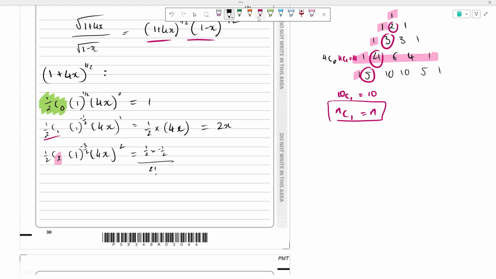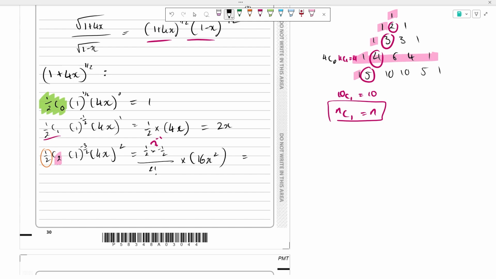How do we get the 2 terms? We're just going to subtract 1 from our original number. Okay, times 1 to the minus 3 over 2, which is just 1, and this is going to be 16x squared. Now we can simplify this in our calculator very nicely, but I'm just going to do it here. This will be minus 1 over 8 times 16x squared, which gives you minus 2x squared.